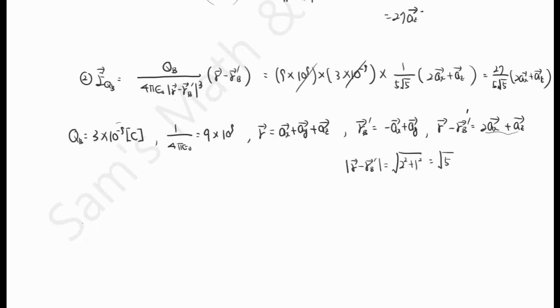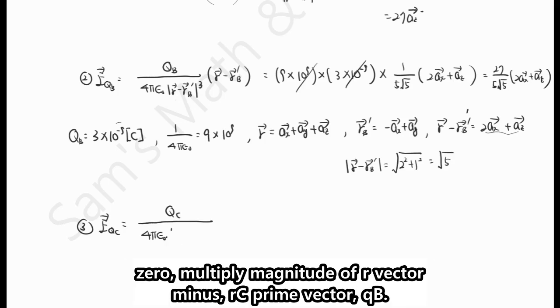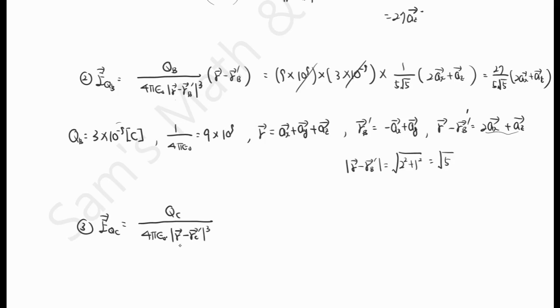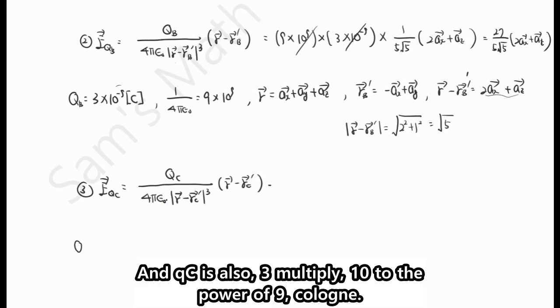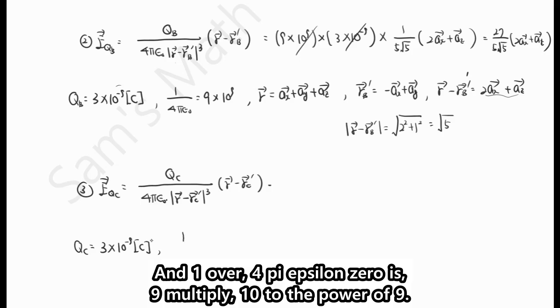So we have to find the electric field intensity by QC, which is QC over 4 pi epsilon 0 times the magnitude of R vector minus RC prime vector cubed, multiplied by R vector minus RC prime vector. QA, QB, and QC are the same, so QC is also 3 times 10 to the power of minus 9 coulomb, and 1 over 4 pi epsilon 0 is 9 times 10 to the power of 9.